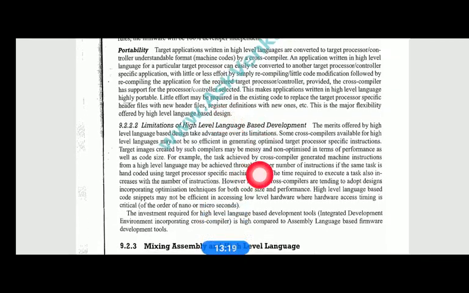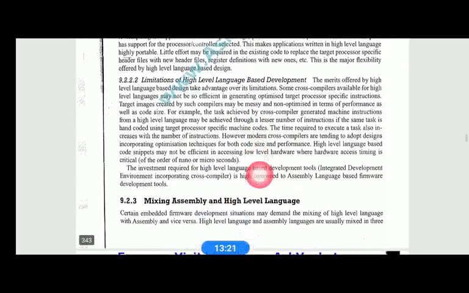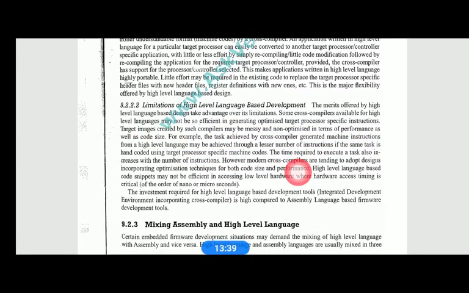Now the limitations of high level language. The merits offered by high level language based design take advantage over its limitations, right? Some cross compilers available for the high level language may not be sufficient in generating optimized target code for the processor. The target image created by such a compiler may be messy or non-optimized in terms of performance.